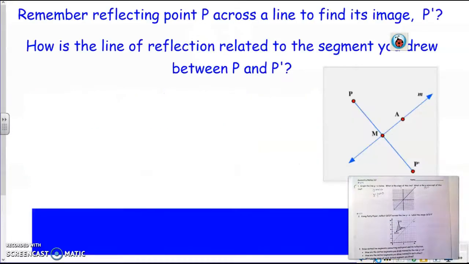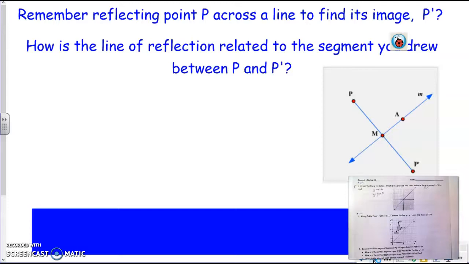If you'll remember, a couple of lessons ago, we reflected point P, as pictured here, across line M, and we created its image point, which we labeled as P prime. We labeled the intersection where it crossed line M as point M, and we said that since this fold created a congruent segment, we knew that segment PM and segment P prime M were congruent to each other.